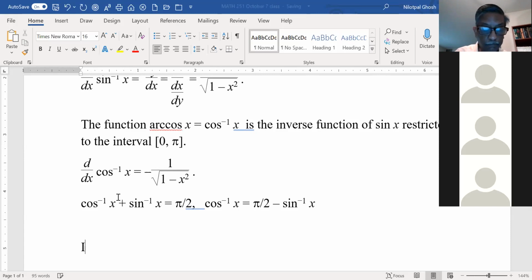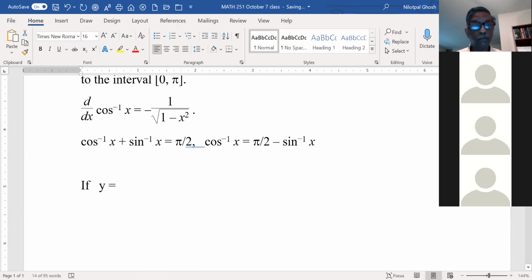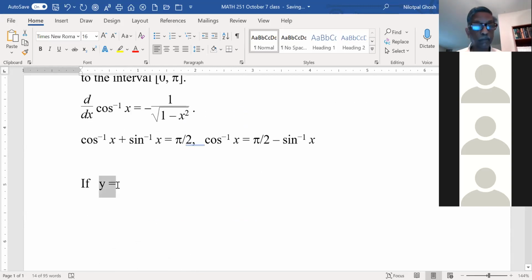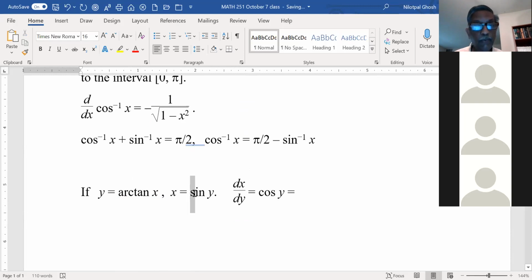So say if y equals arc tan x, then x equals tan y, and the derivative of tan is sec square.